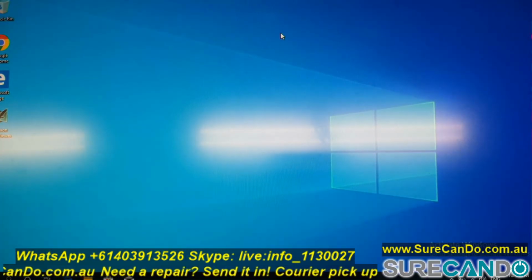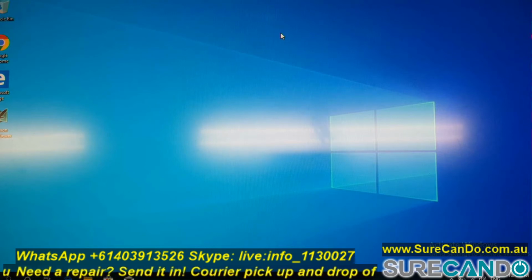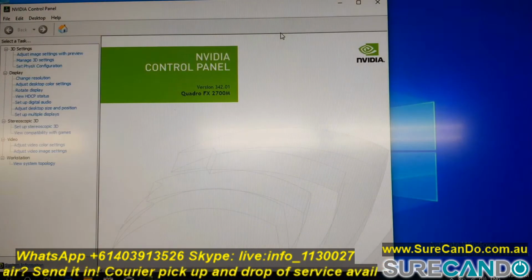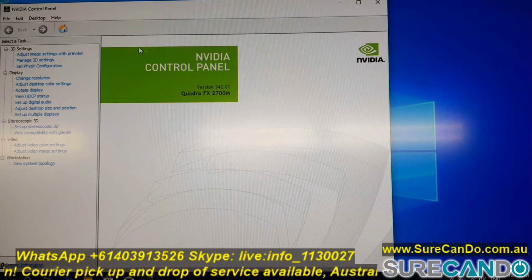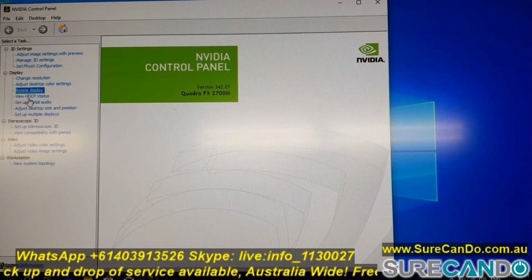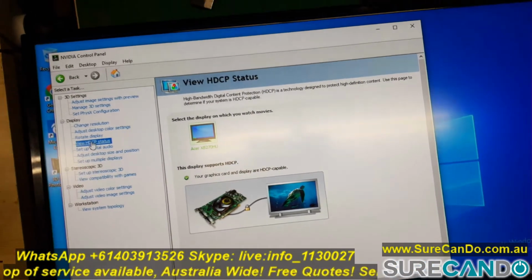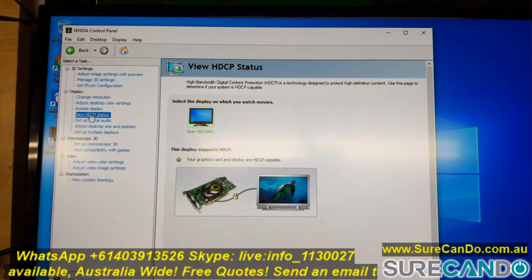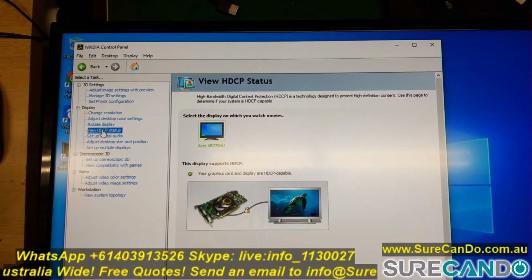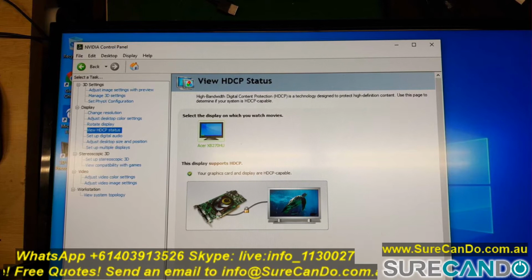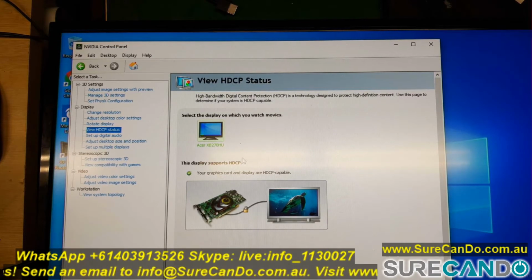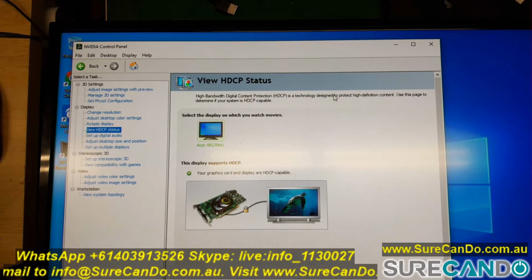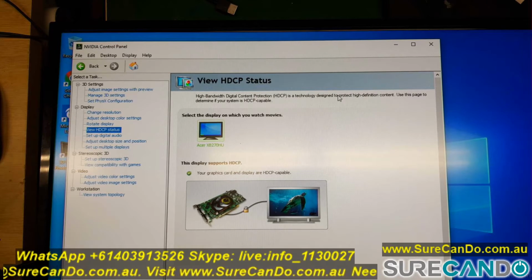Let's have a look at this. What have we got? So, HDCP capable. That's for encryption, for watching protected content, I think. Yeah, so for the movie industry.